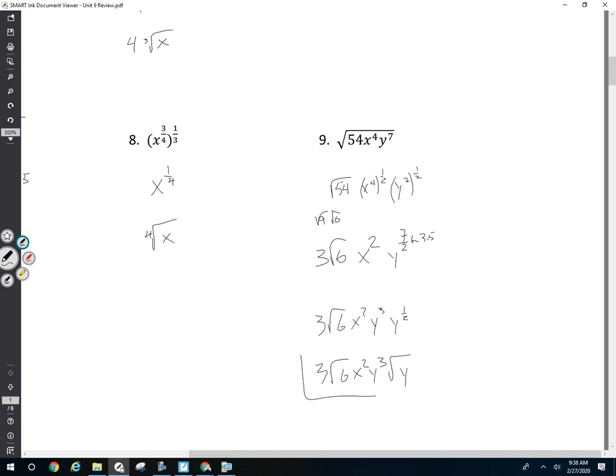And this is what we would look for as an answer. This is one way. Or to make it look nice, we can combine the numbers that are not being rooted, put them next to each other, then take the numbers that are being rooted and put them under one root. So both of these would be accepted for an answer, and I would expect my students to simplify y to the 7/2 in a situation like this to be y cubed root y.